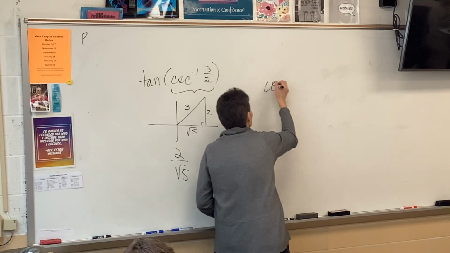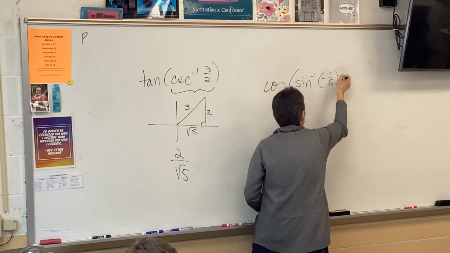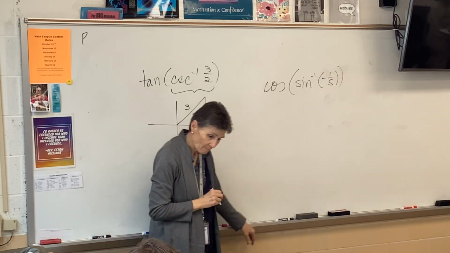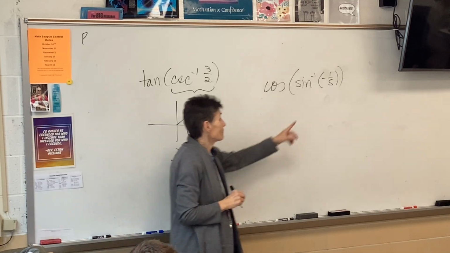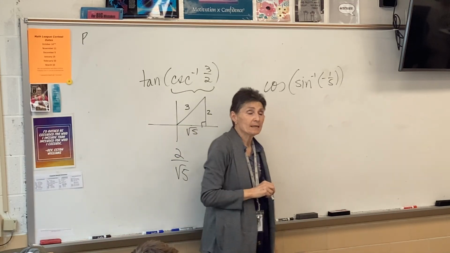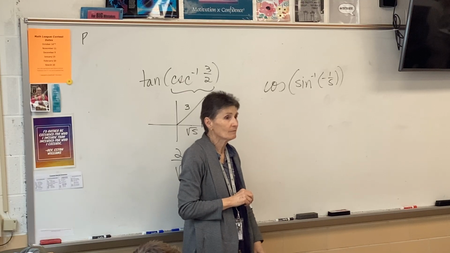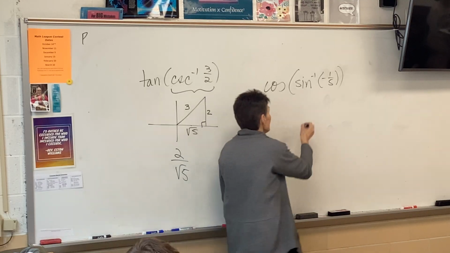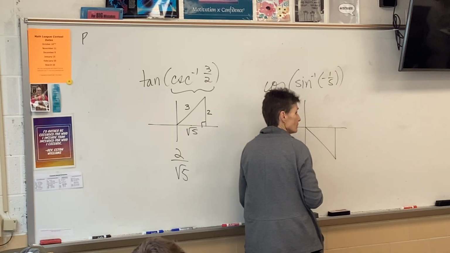Cosine. Double parentheses. Okay, so now I've got a negative number. Anybody remember where I draw an inverse sine negative? 4. 4. So I'm going to draw my triangle in quadrant 4.